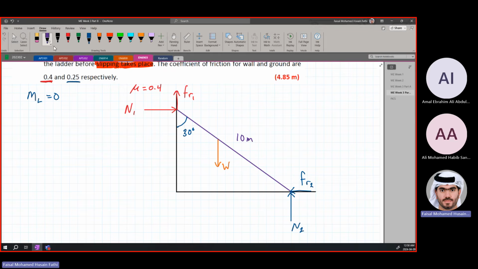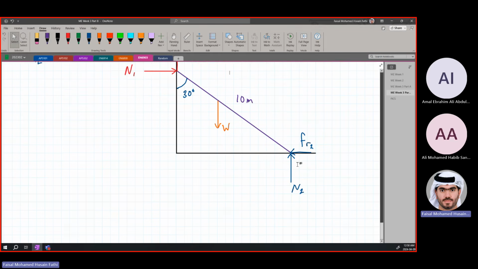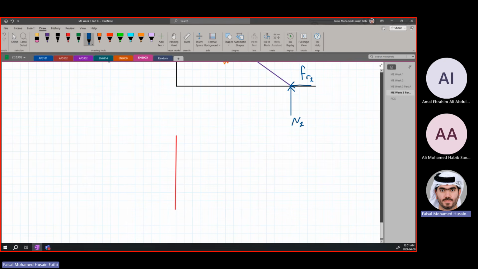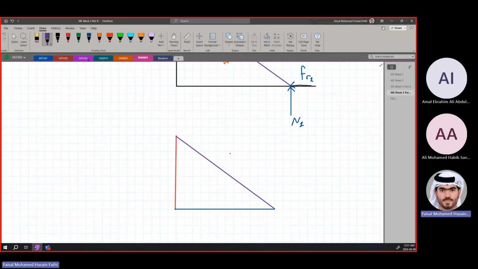That is, if we are just going to draw the triangle again, this is the triangle, and this is where the ladder is, completing the triangle. Here we have 10, and the angle is given as 30 degrees. Right? So we can find out the distances here using SOHCAHTOA.